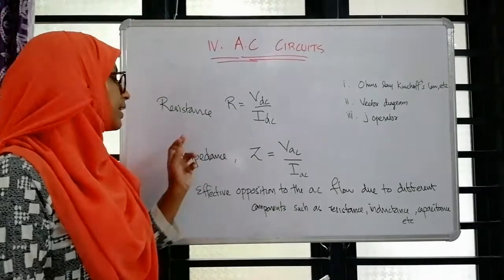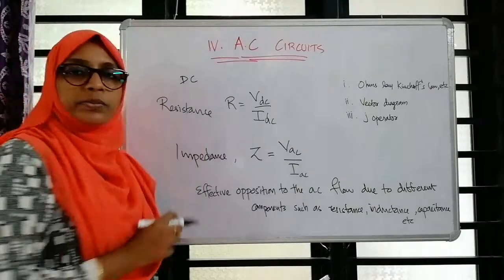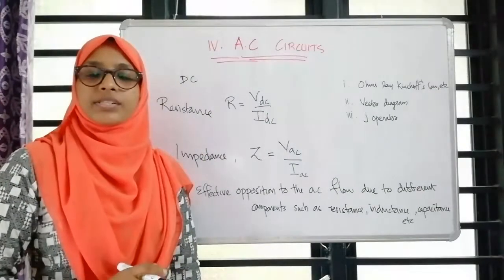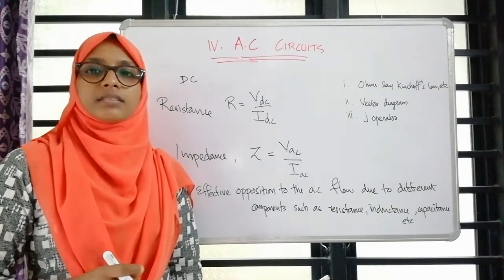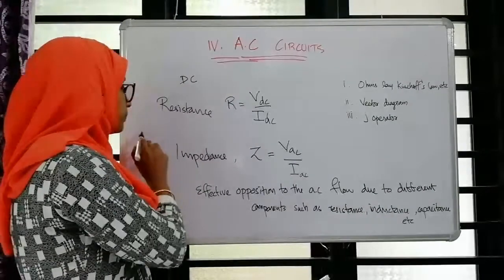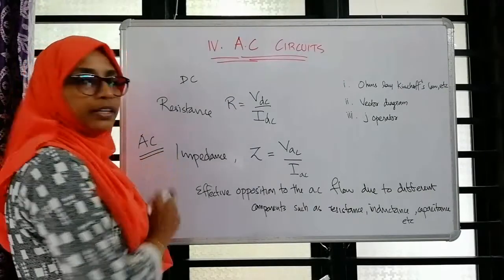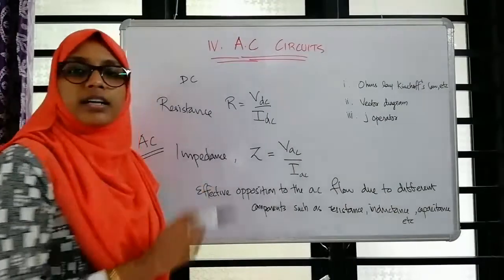In a DC circuit, Ohm's law and Kirchhoff's laws are enough to explain the ohmic resistance and such terms. But in case of an AC circuit, we can explain this using different methods.